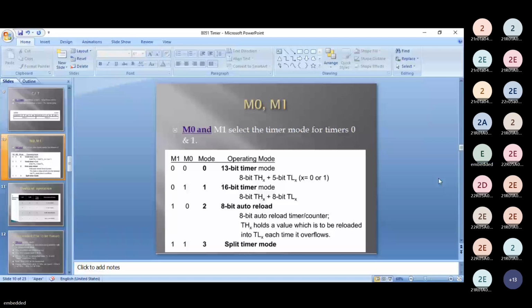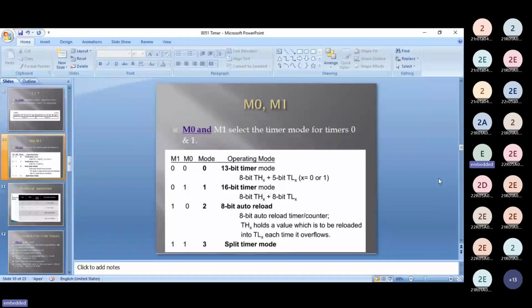In mode 0, the 13-bit timer mode takes place as 8-bit THX plus 5-bit TLX, where x equals 0 or 1. In mode 1, the 16-bit timer mode takes place as 8-bit THX plus 8-bit TLX.